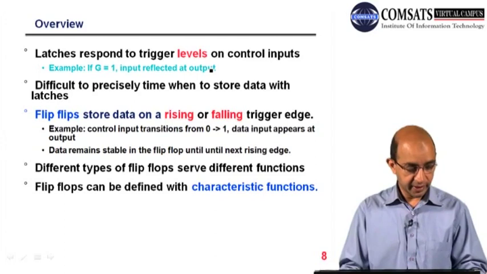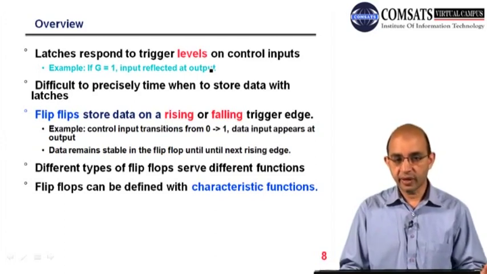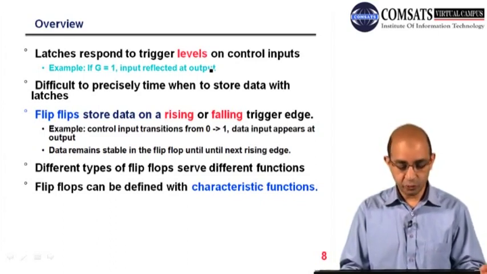As we know, if we have a Boolean function, we can define the truth table, and similarly we can have the circuitry. But for flip-flops we can have the characteristic functions, and we can also have the characteristic equations.